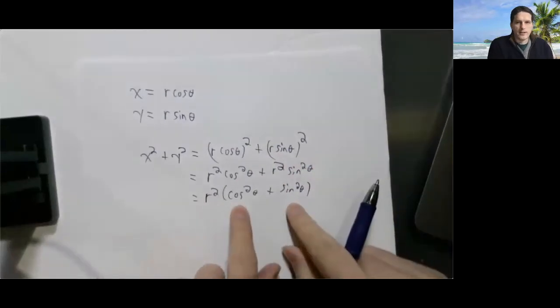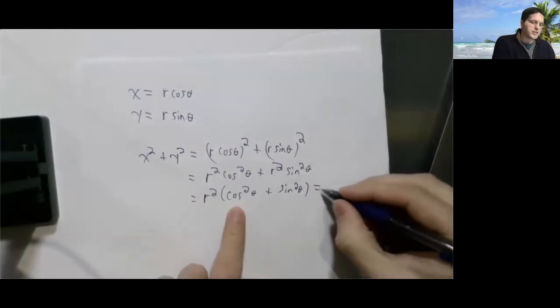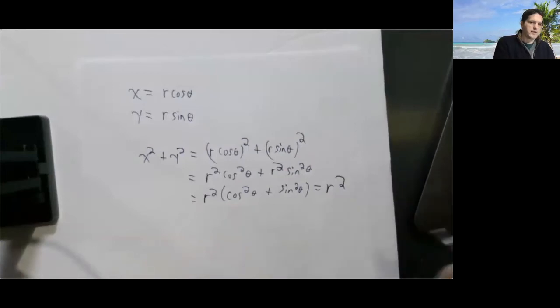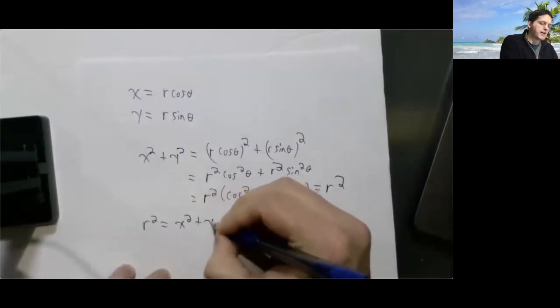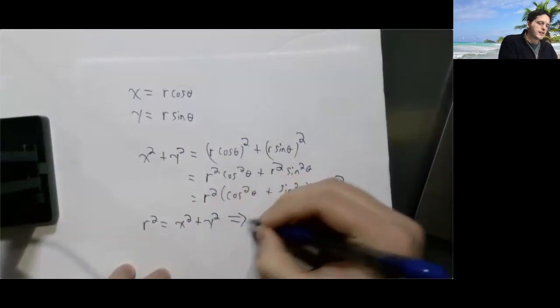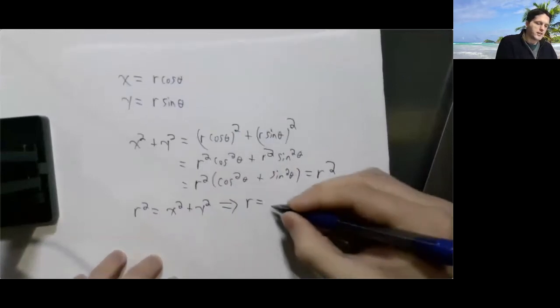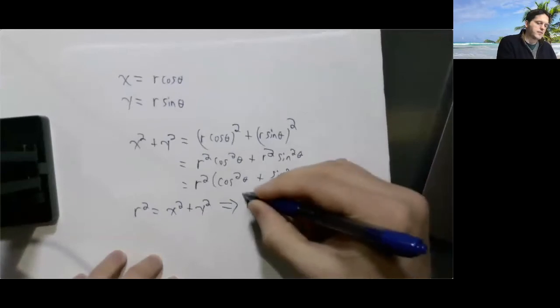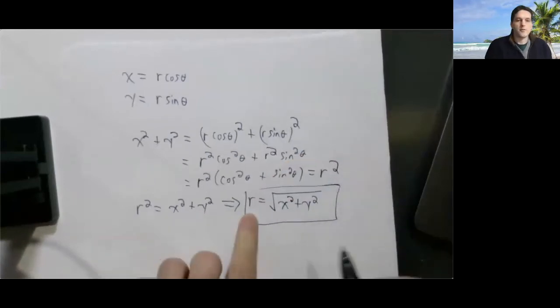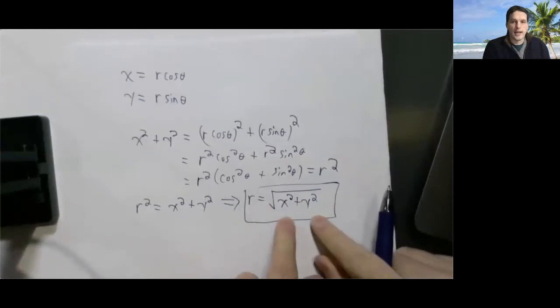And from trig, we know cosine squared plus sine squared is 1. So this is just r squared. So we have discovered that r squared is equal to x squared plus y squared. So r is equal to the square root of x squared plus y squared.